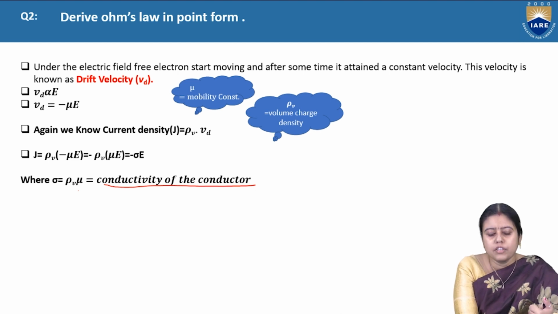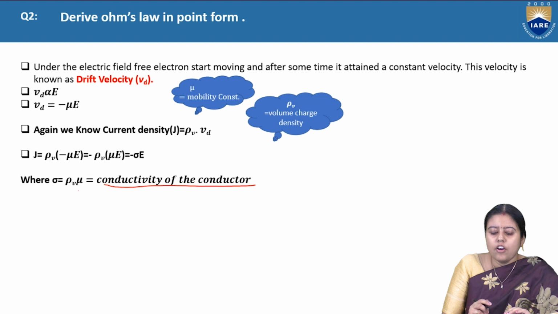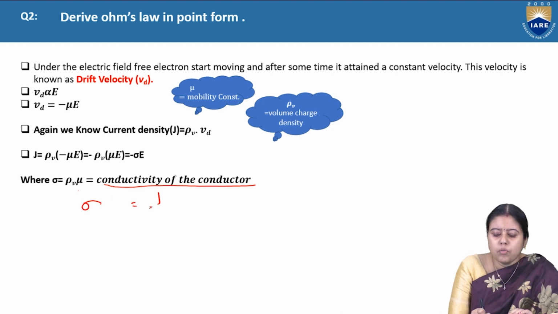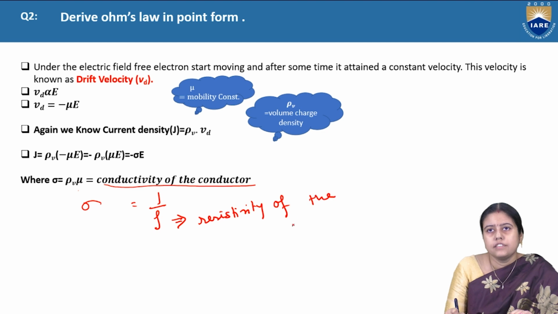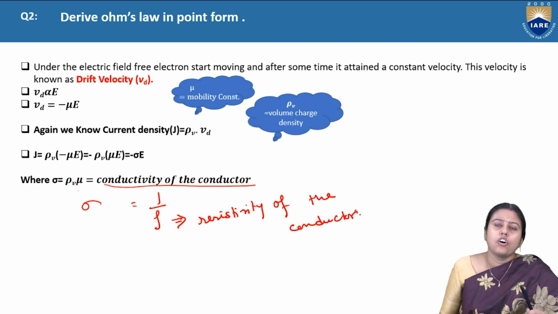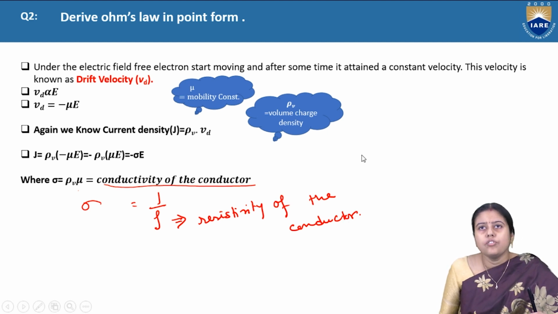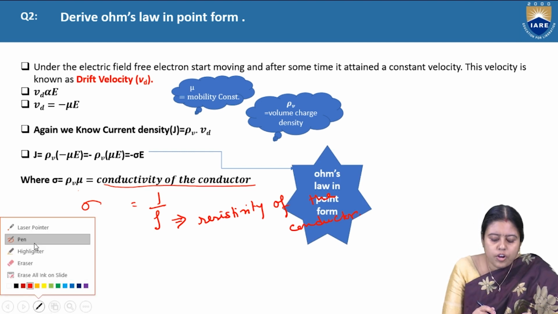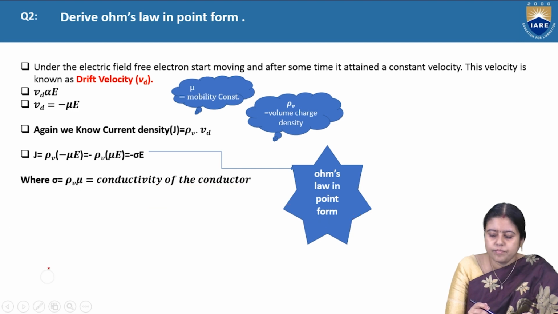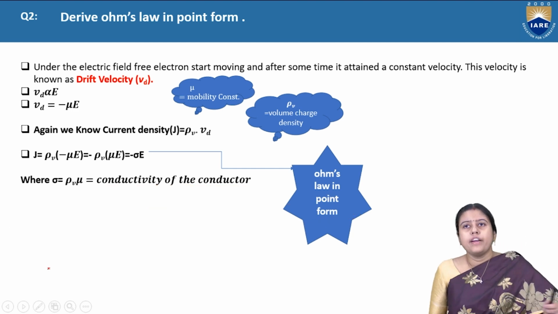What is the conductivity? Conductivity is nothing but 1 by rho, where rho is the resistivity of the conductor. This equation is known as Ohm's law in point form.